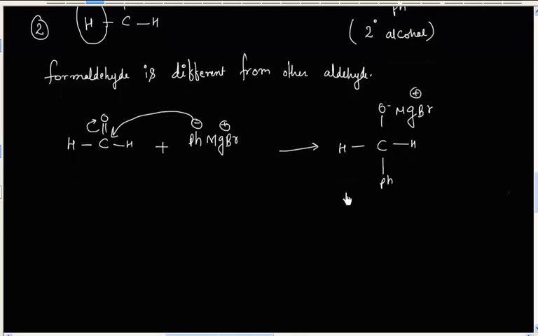Now if this salt is treated with water, that is the acidification step, we can acidify this with dilute acid or we can take water. Important point, in the first step the solvent is ether. So we will have an alcohol as the final product. This time the alcohol is a 1-degree alcohol because the carbon is attached to only one carbon. On this side we have Ph as a carbon. So basically this is a 1-degree alcohol.